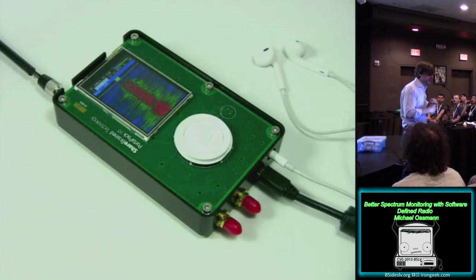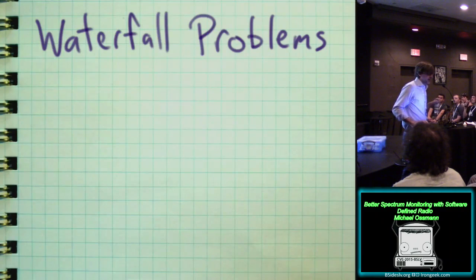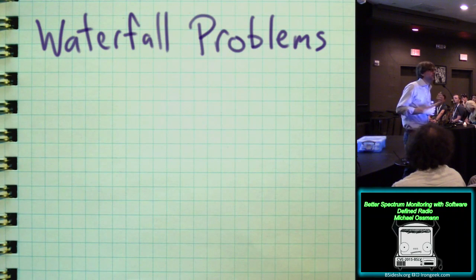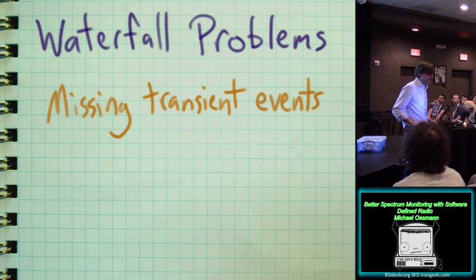These waterfall displays are super awesome, but they have some problems, in my opinion. Or at least, maybe problems isn't the right word, but limitations. One of them is that transient events can be completely missing. This is something that throws people for a loop sometimes.